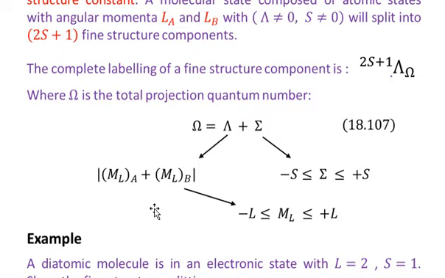You know that ML has values from minus L to plus L, for both MLA and MLB. And this sigma can have values from minus capital S to plus capital S.